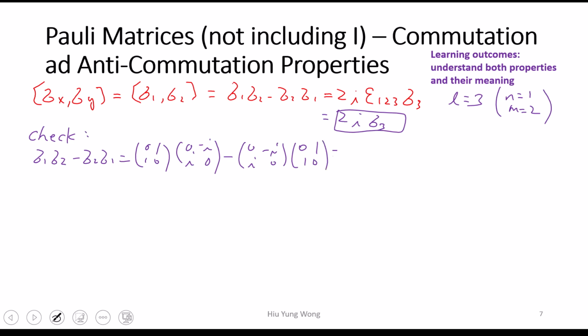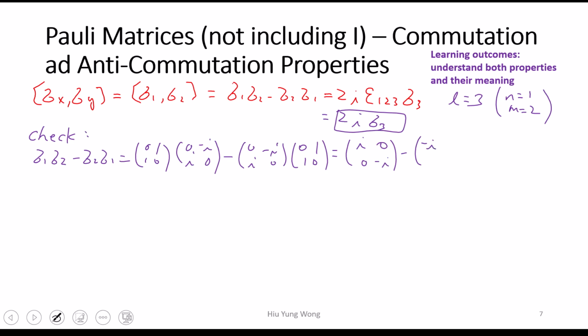Right? So let's do the math. The first one, I hope that this is easy for you. 0, 1 times 0, i gives you 0 times 0 plus 1 times i, so this is i. Second one is 0, 0, negative i. I'm talking about this one. 0, 1 times 0, i becomes i. 0, 1 times negative i, 0 becomes 0. 1, 0 times 0, i becomes 0. 1, 0 times negative i becomes negative i. Okay, so I do the same thing for the next term. It's negative i. How about the next one?